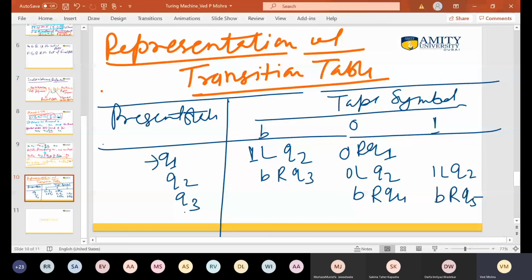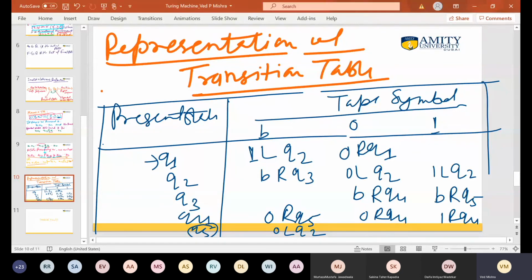Then for Q4 you have 0 R Q5, 0 R Q4, 1 R Q4. And Q5 is the final state, you have 0 L Q2. So suppose this is your transition table. Do you understand this?